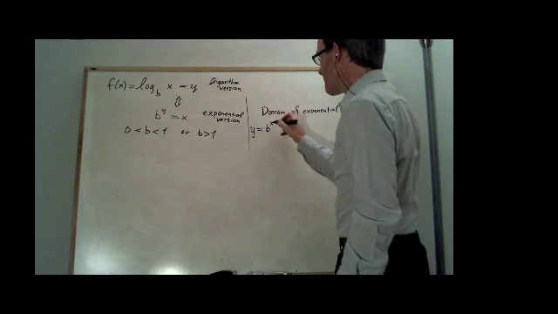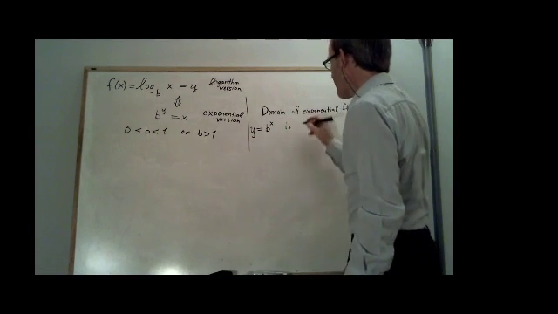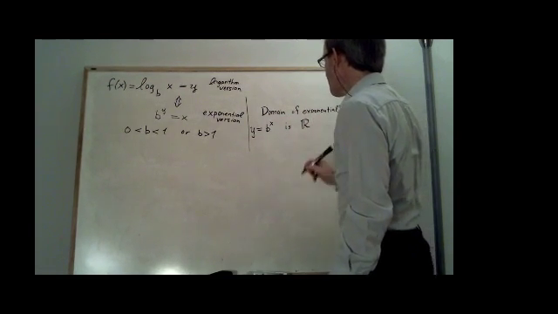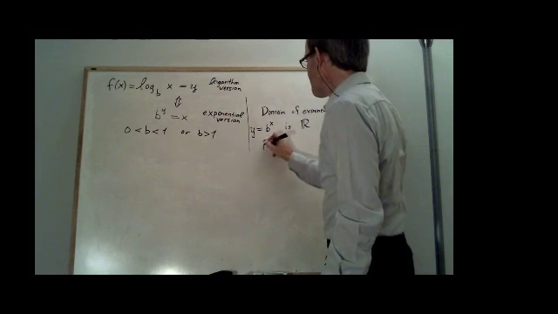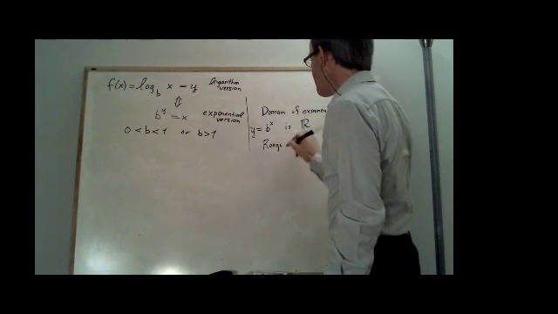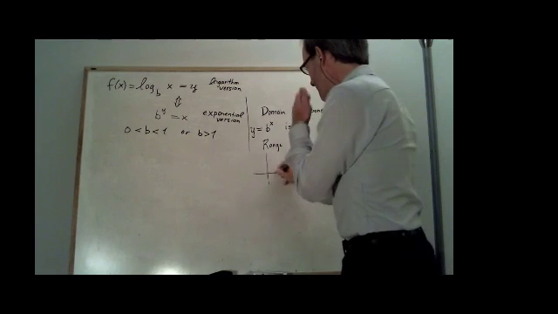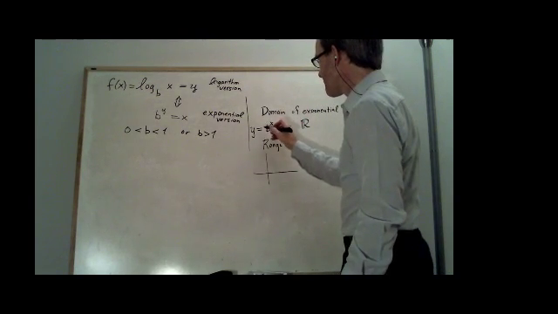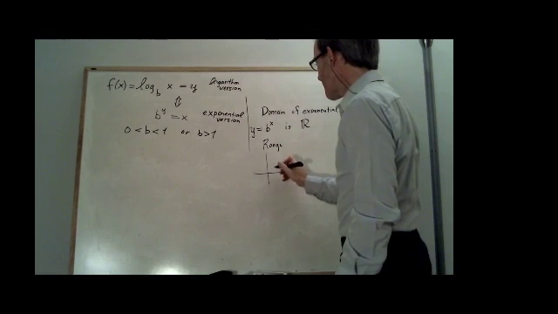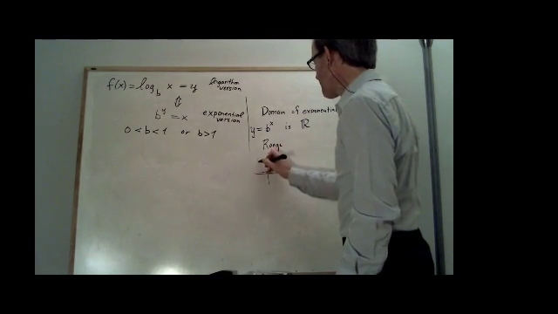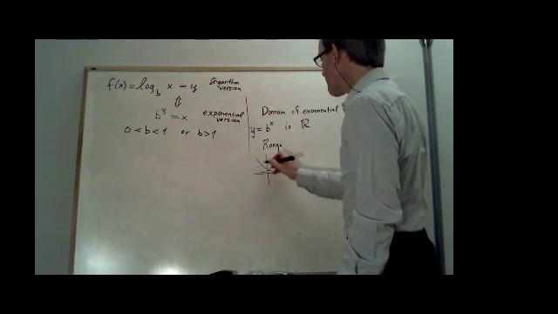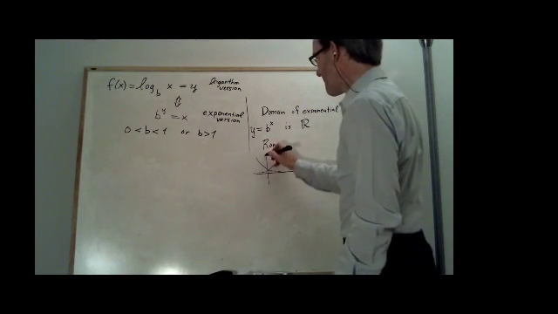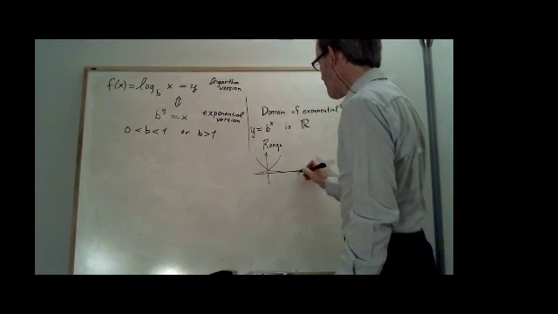So you can put any real number in for x and you'll get a value for y. But the range, remember what it looks like graphically: if you have a simple exponential function like that, then the graph is either going up like this or going down like this. In both cases, the y values are always positive.